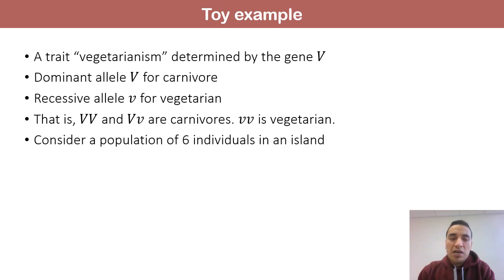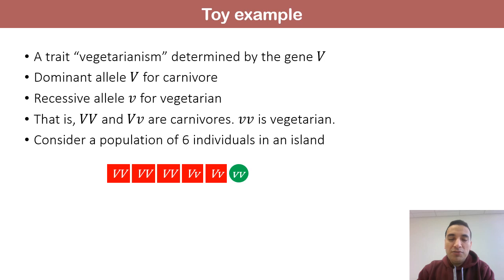Suppose there are 6 individuals on an island: big V big V, big V big V, big V big V, big V little v (two of them), and little v little v. What genotypes do we have? Big V big V, big V little v, and little v little v. Those are the genotypes. What are the phenotypes?